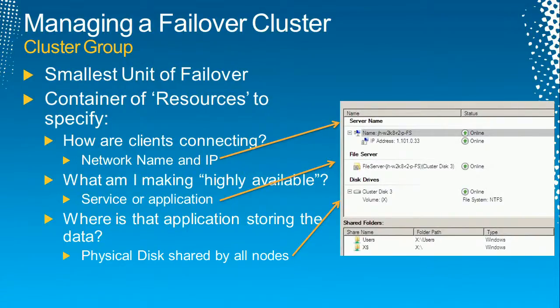That would be transparent. Aside from that, when I move a group from one node to another, the client loses connectivity, so it would be up to the client to handle the reconnect, but whatever was going on at the time was lost. So if I was running a SQL query, I just have to resubmit it. If I was copying a file, I'd have to restart the copy. A failover, other than live migration, is not transparent to the client. That is downtime.